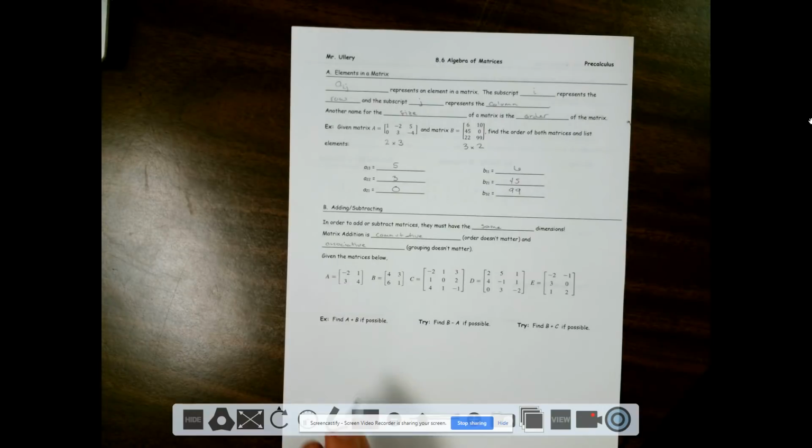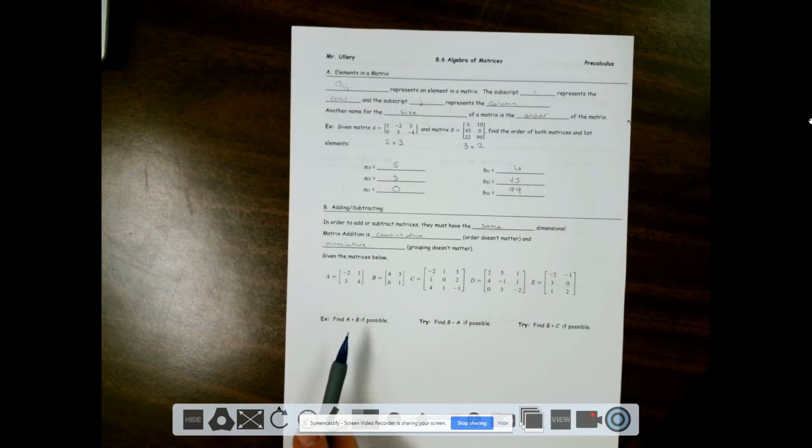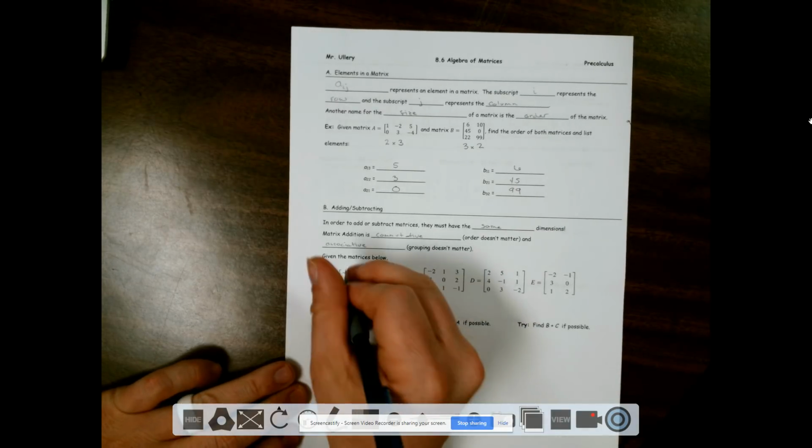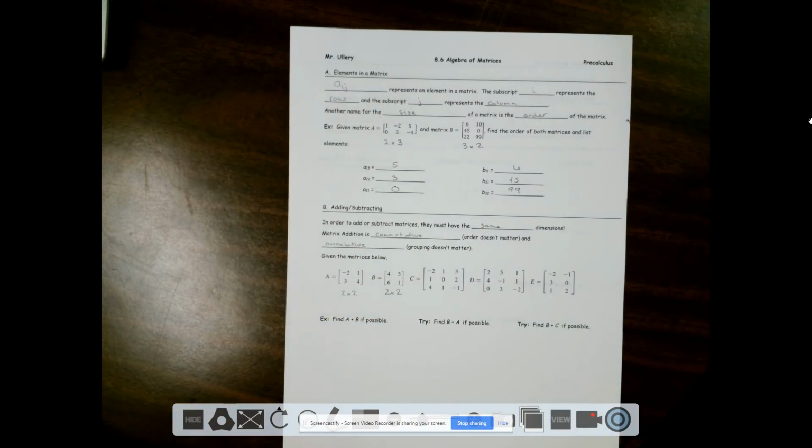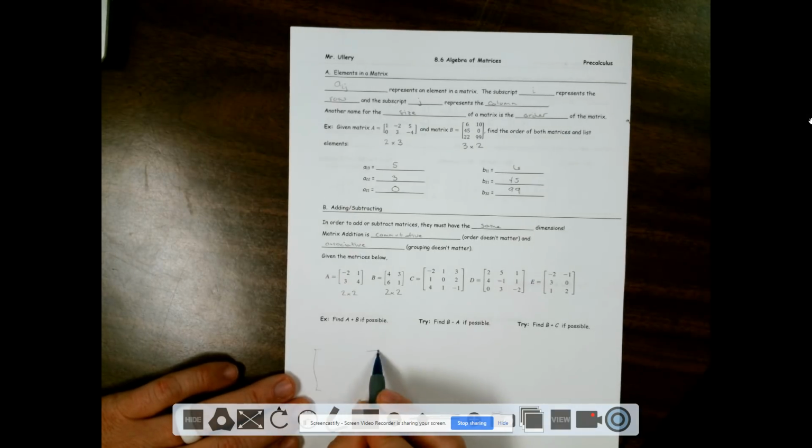In order to add together two matrices, I got a whole bunch of different matrices right here. In order to add together matrix A plus matrix B, you simply add together the same elements. Matrix A is a 2 by 2, matrix B is a 2 by 2. They got the same size, so I know I'm going to be able to add them together and get a 2 by 2. Let's put some blanks in there.